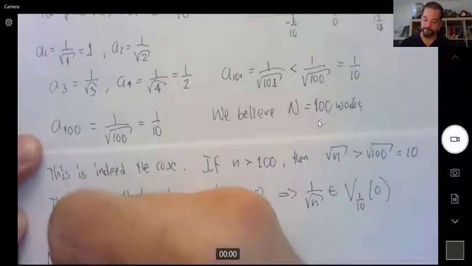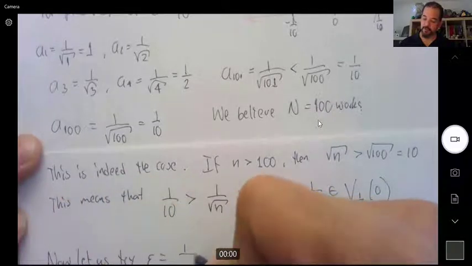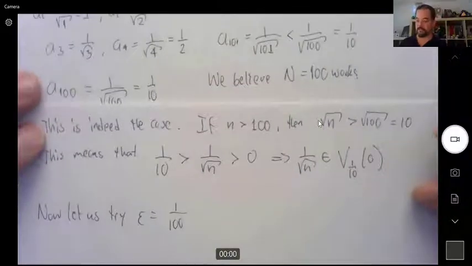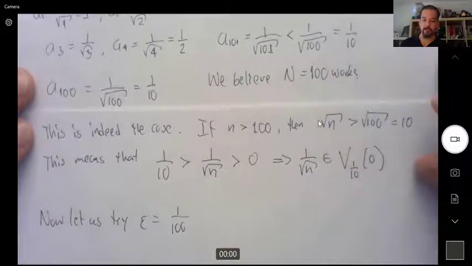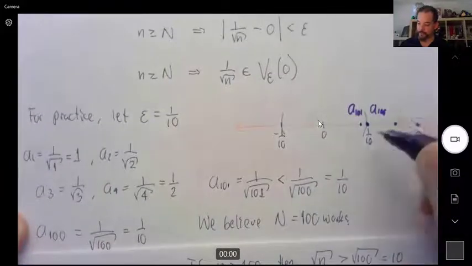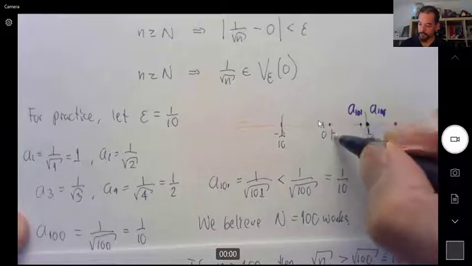Let us try epsilon equals, say, 1 over 100. That's even smaller. So if 1/10 was here in my original picture, then 1 over 100 is going to be over here.